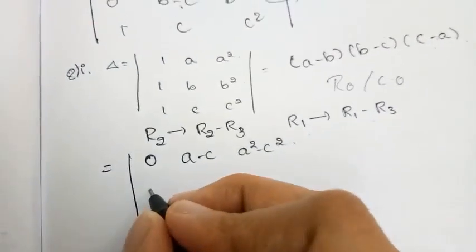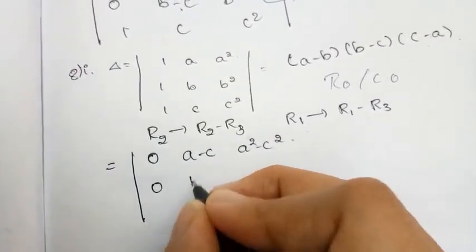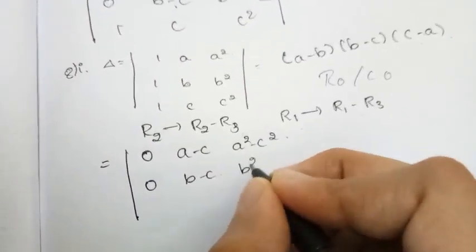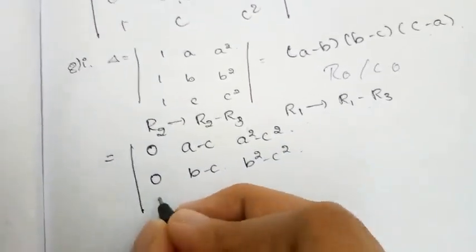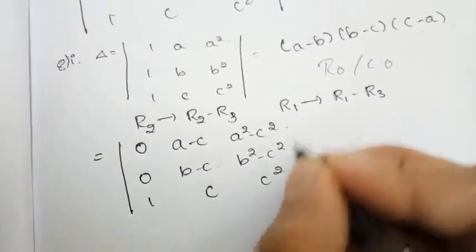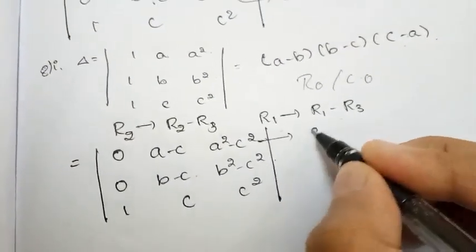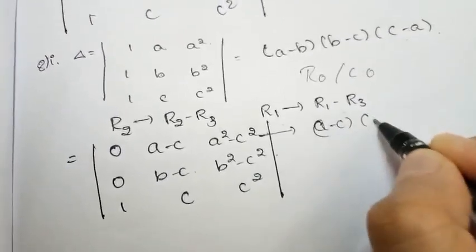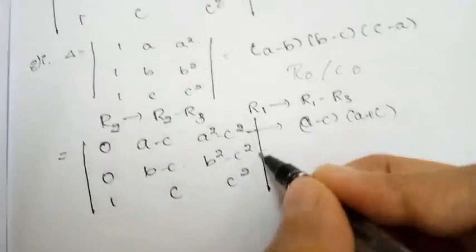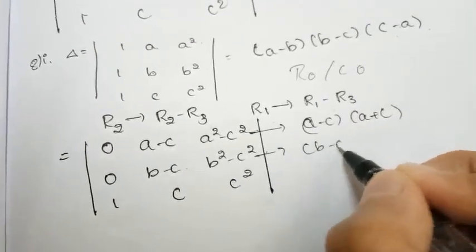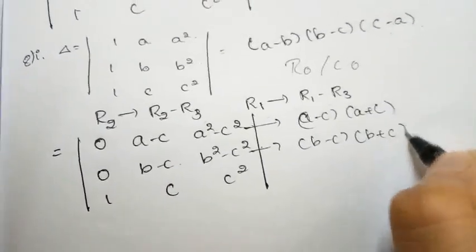Row 2 becomes 0, b minus c, b square minus c square, and row 3 remains as it is. We know that a square minus c square is a minus c into a plus c. What about b square minus c square? Same, b minus c into b plus c.